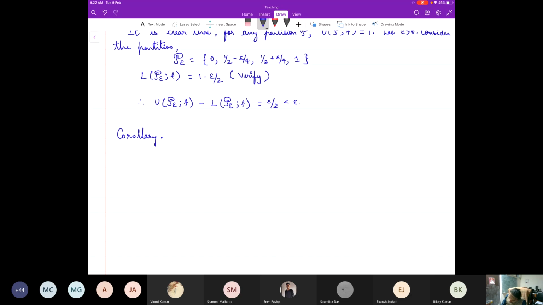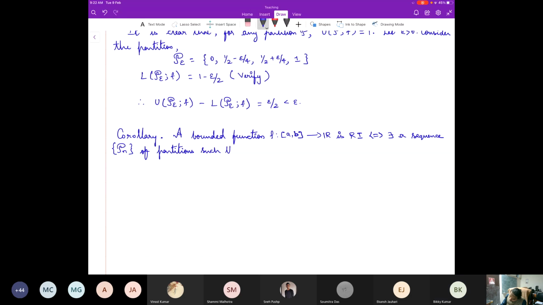A bounded function f from [a, b] to R is Riemann integrable if and only if there exists a sequence Pn of partitions such that the limit as n tends to infinity of U(Pn, f) minus L(Pn, f) is 0. It's a direct consequence of what we have done.